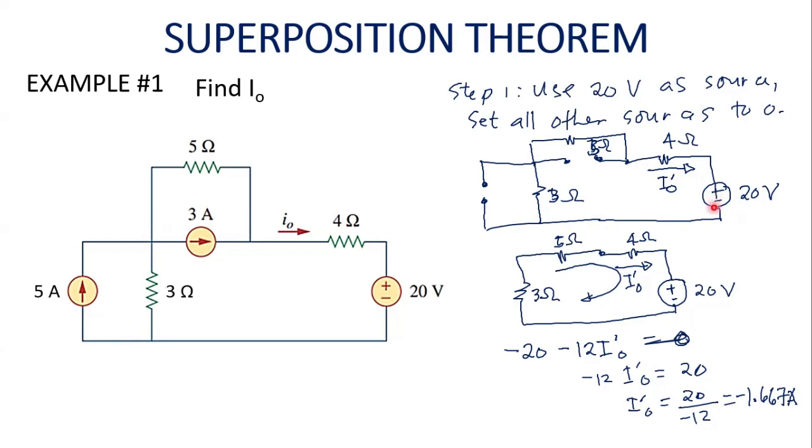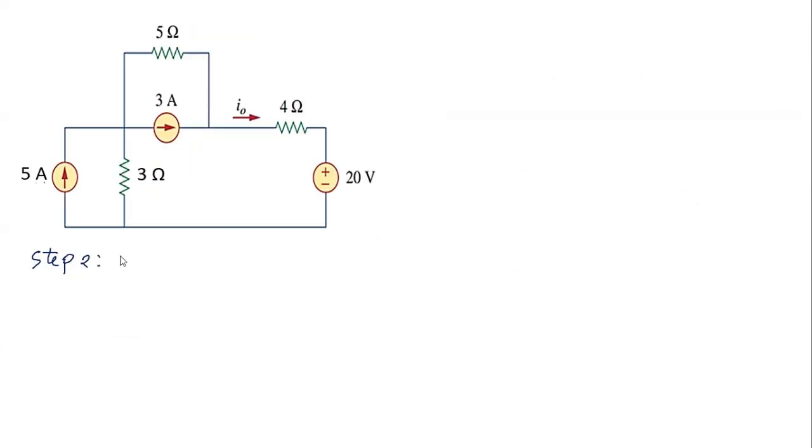So let's continue with step 2. In step 2, we choose the 5 amperes as the source and set all the other sources to 0. So we draw the equivalent circuit when we use the 5 amperes as our source.